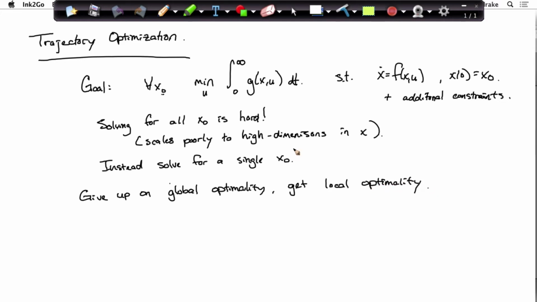The reason we have to do that is because the only way to accomplish global optimality is still to look at every possible state, because there could always be some path, behind the rock over there, maybe around the tree in a way I didn't expect, that could be better than the one I'm thinking about right now. So if I have to guarantee global optimality, then there's really no way to avoid examining every possible state of the system. So in order to scale to higher dimensions, I have to focus on a particular initial condition and be willing to accept only local optimality.